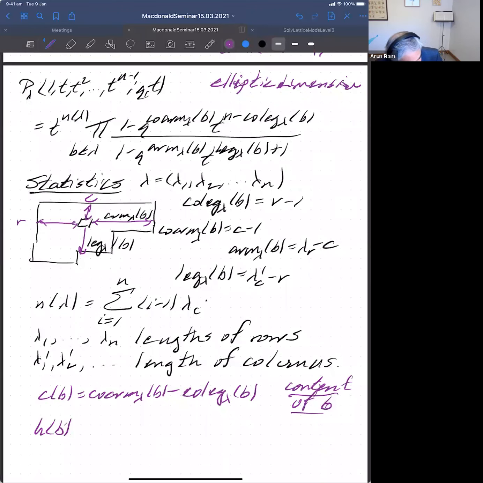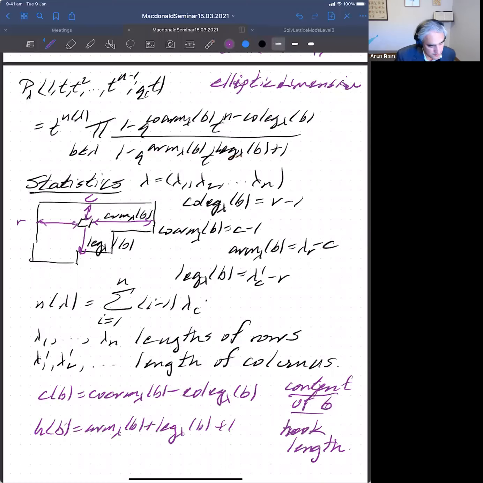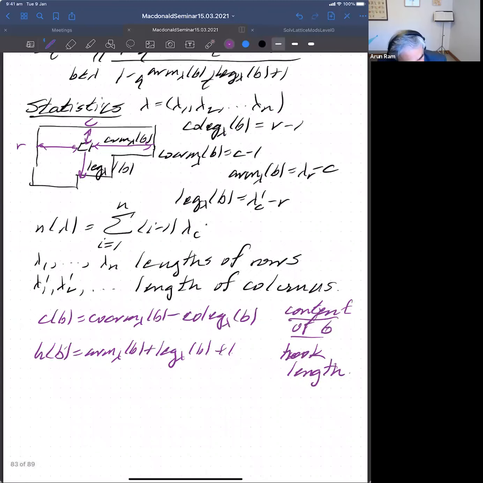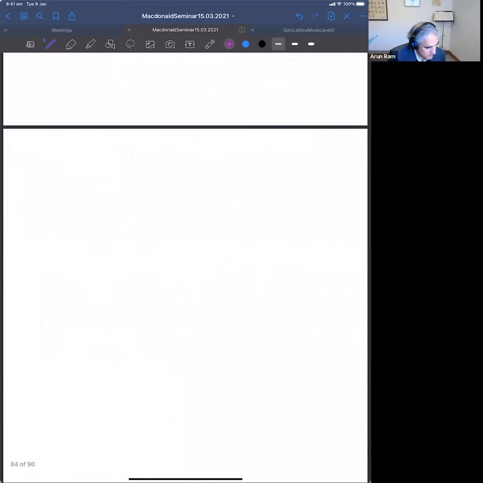And the hook length of the box: again, we can put q equal to t, and we can see that the hook length is equal to the arm plus the leg plus 1.